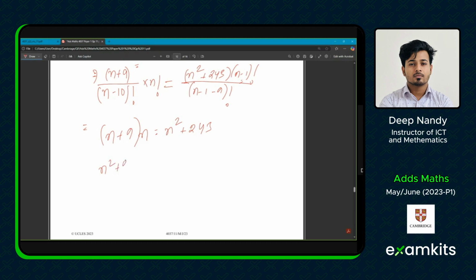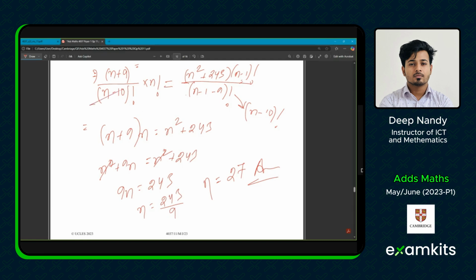Here n squared plus 9n equals n squared plus 243. This one and this one get cut, so 9n equals 243, and n equals 243 divided by 9, which equals 27. So n equals 27. Here we can write this as (n-10) factorial, and these get cut off.